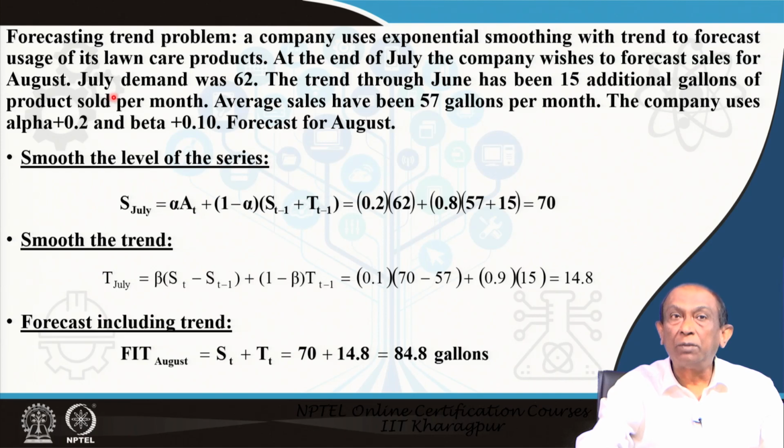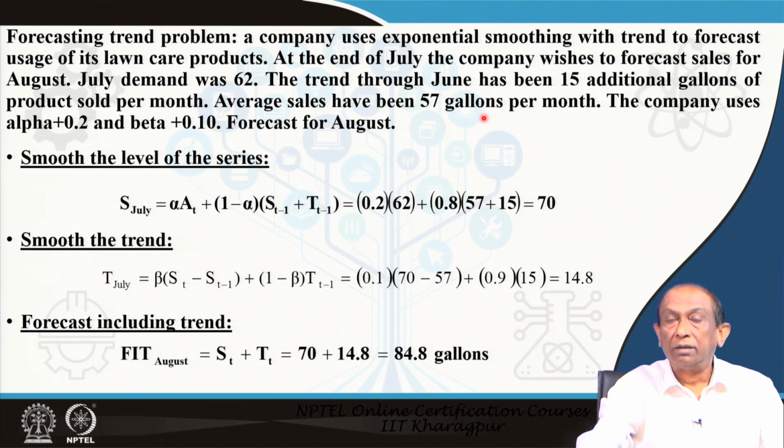The demand for the month of July was 62, and they have observed that the trend through June has been 15 additional gallons of product sold per month. So, there is an upward trend, and they had already computed that the average sales have been 57 gallons per month, that is the average level of demand.